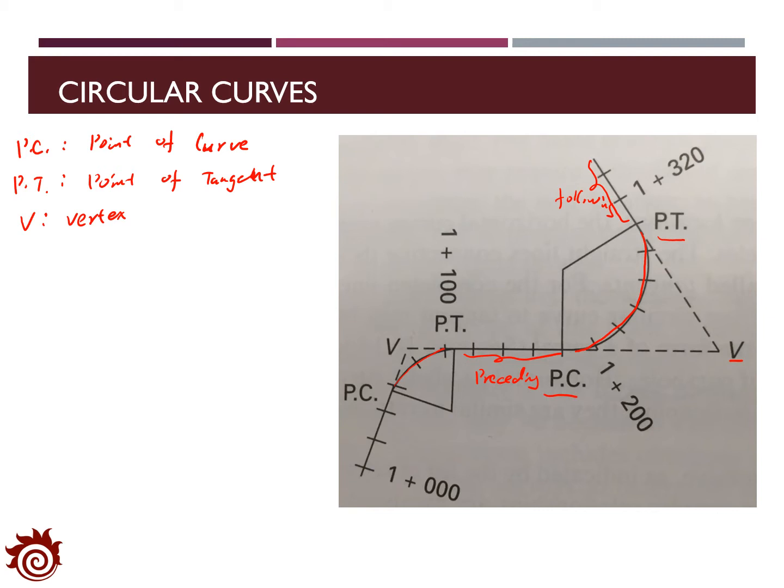The route survey is trying to identify the location of the set of stations along the route. We usually will start with the given station, say that 1 plus 000. It means that the distance measured at this location is 1,000 meters. And then we are also provided with a fixed interval. In this case, it's set as 20 meters.